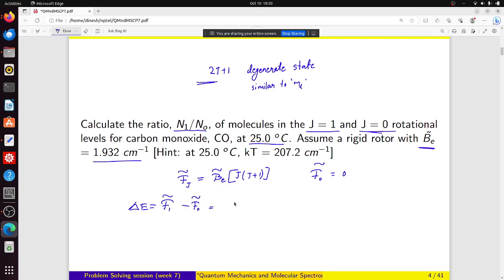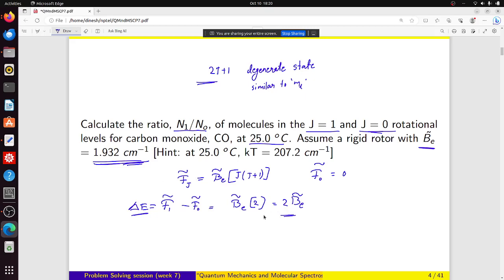This will give me B tilde, this is 1, so 1 times 2 is 2 B tilde, right? So this is in terms of wave number. Okay, as it is given in terms of centimeter inverse, so it's in terms of wave number.